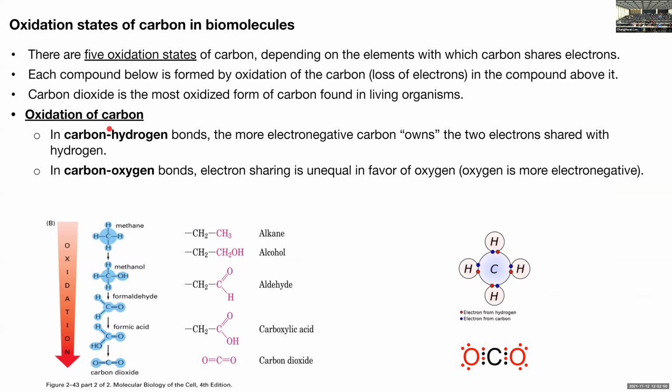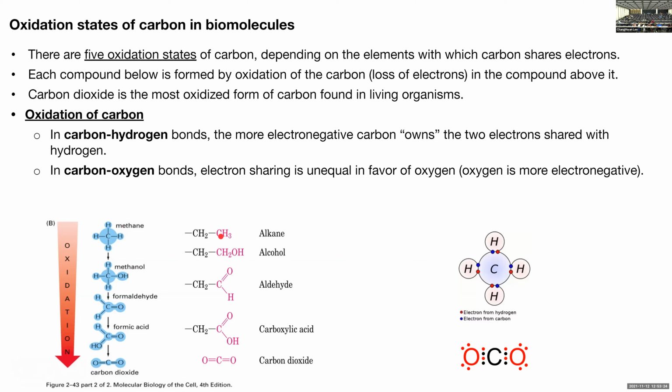Okay, and this is an important process for metabolism, where carbons can be oxidized. Carbons have different oxidation states, 5 states here, where methane is in the least oxidized form and carbon dioxide is the most oxidized form.